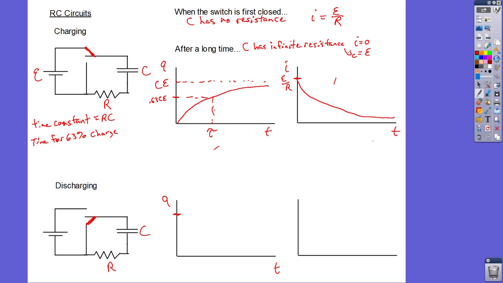So we're going to have that maximum charge, and then it's going to approach 0, and the current, okay, again is dq dt. Now usually they talk about the magnitude of the current because this is negative slope, so the current would be in negative direction, opposite the direction we considered the first time, but usually we just talk about the magnitude.